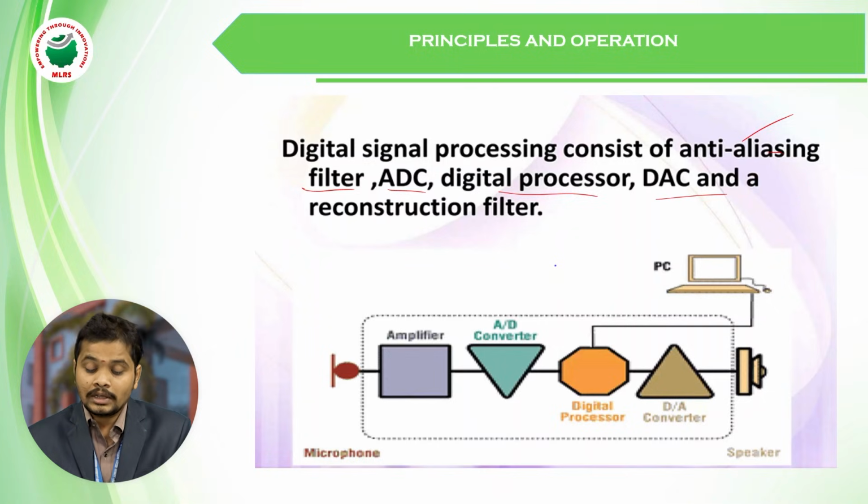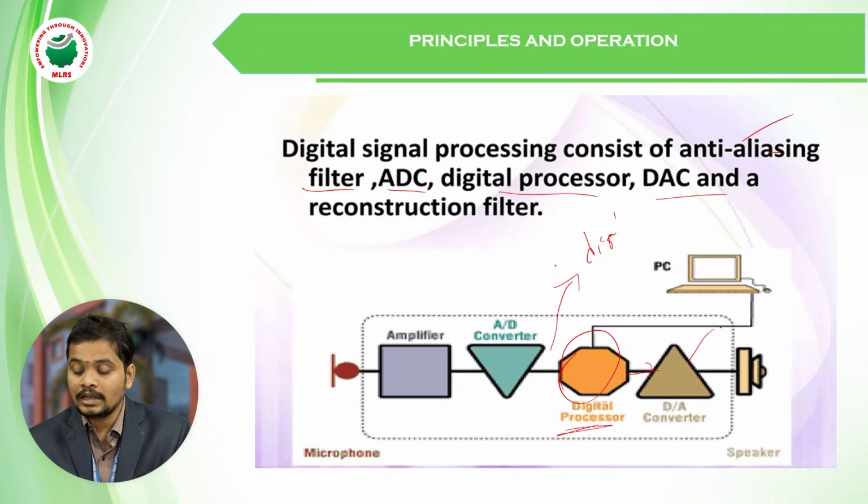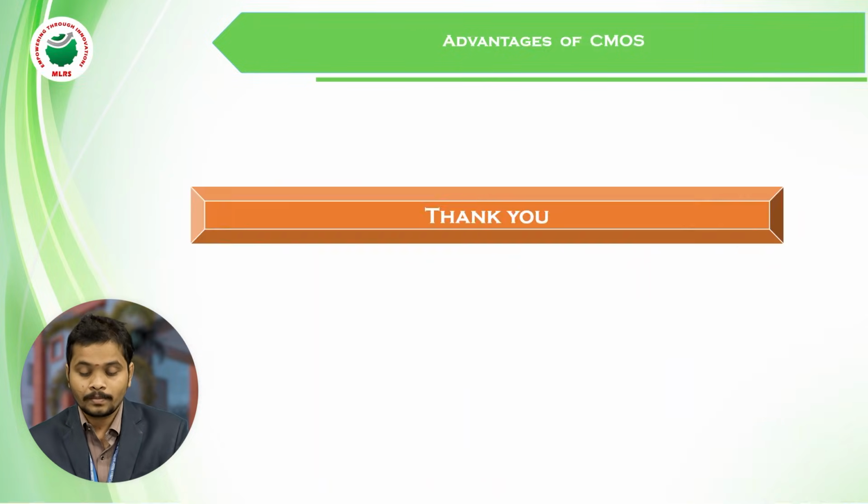For the analog to digital converter we use a digital filter, and after the processor it goes to the DAC, and here we need a reconstruction filter to get the original signal. So this is the principle and operation of a DSP. Thank you.